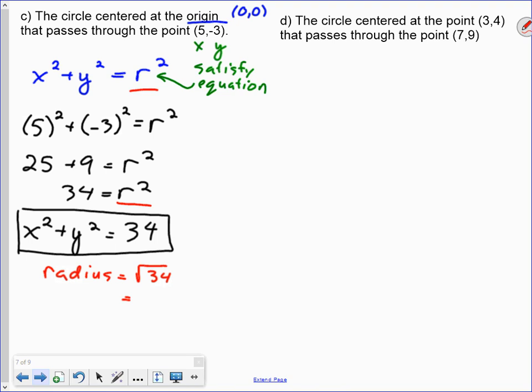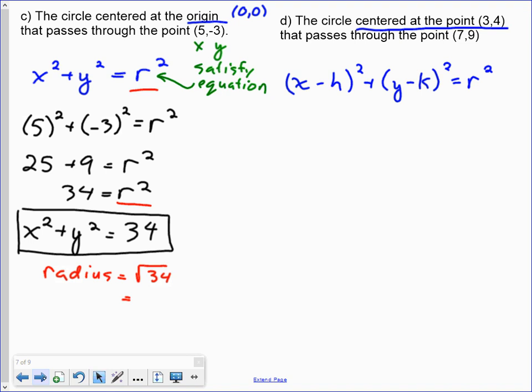All right, let's look at D here. The circle centered at the point 3, 4 that passes through the point 7, 9. Okay, well, we can proceed kind of the same way. If it's centered at some point other than the origin, we know that our equation is going to have the form x minus h squared plus y minus k squared equals r squared.